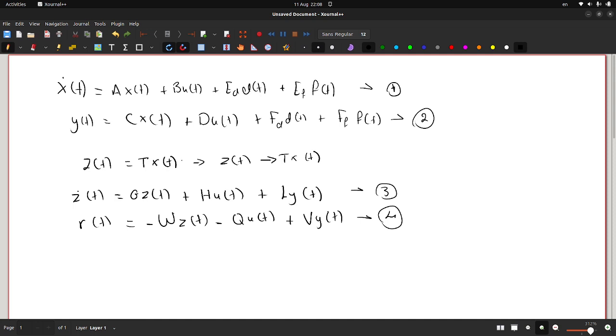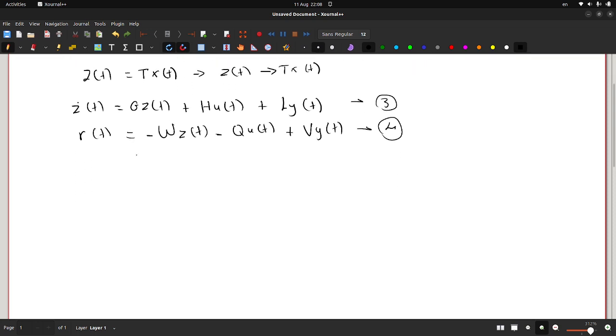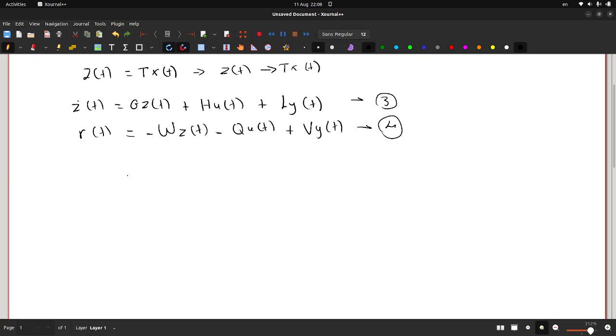So let us now design the observer. As we said here, we want z to be equal to Tx of t.